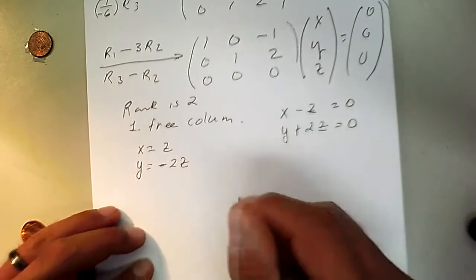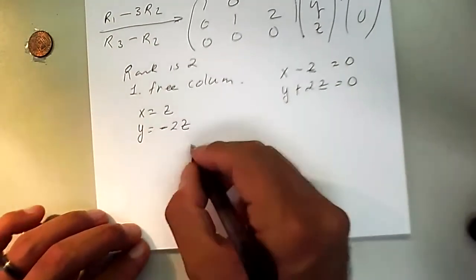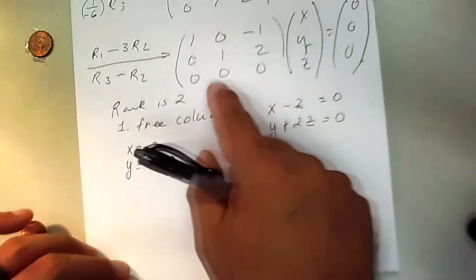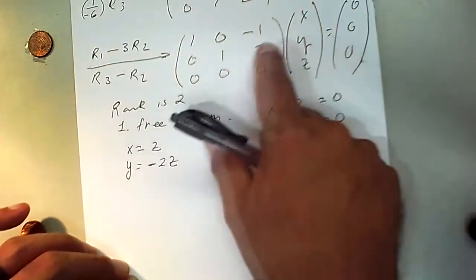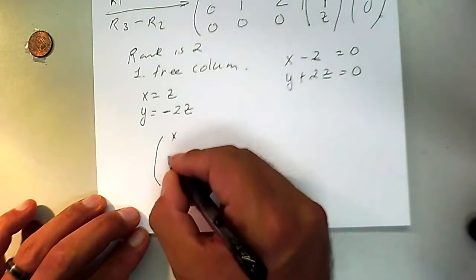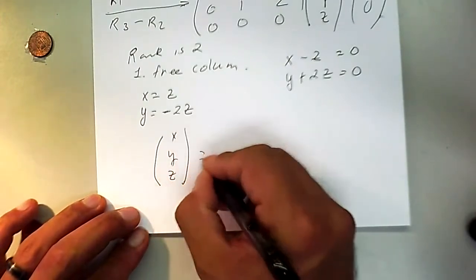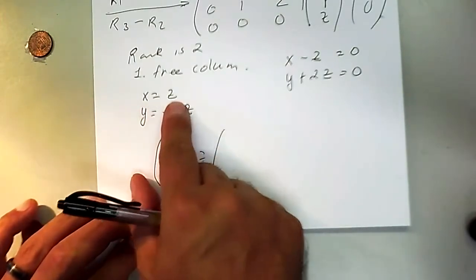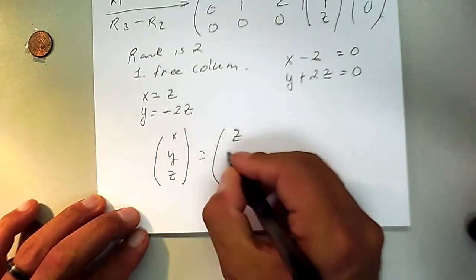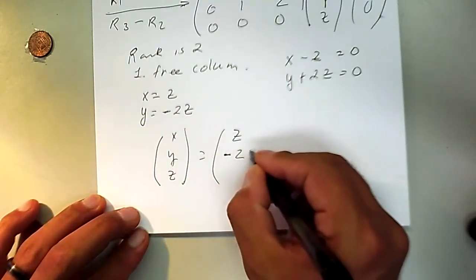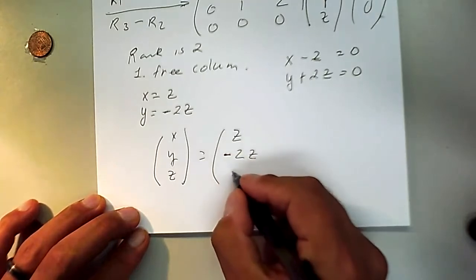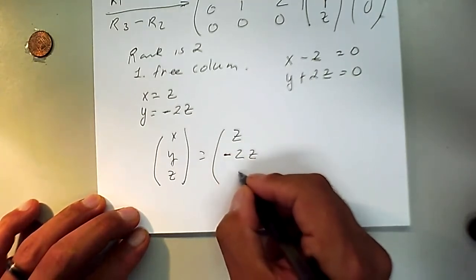So the null space, which is all the solutions to this equation, is what we are looking for. x, y, z will be equal to, well, x is z, y is negative 2z, and then z can be anything.